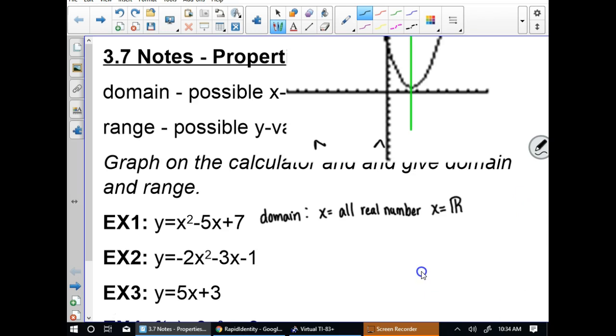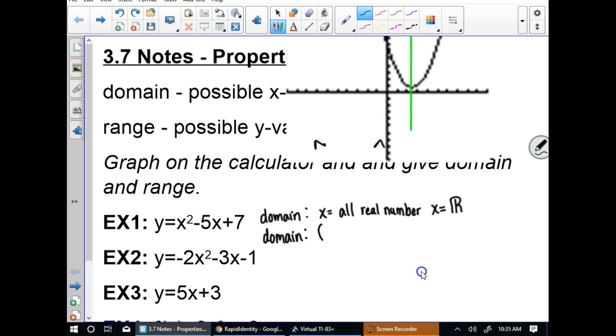I also want to introduce you guys to what we call interval notation. I don't think we necessarily have to do it in Math 2, but because you guys are honors and you guys are headed to pre-cal one day where you will have to do this, I'm going to go ahead and show you right now because I think it's easier anyway. For interval notation, we use a parenthesis if we want to use like a less than sign, and a bracket if we want to use a greater than sign.